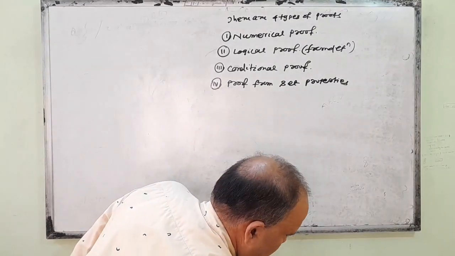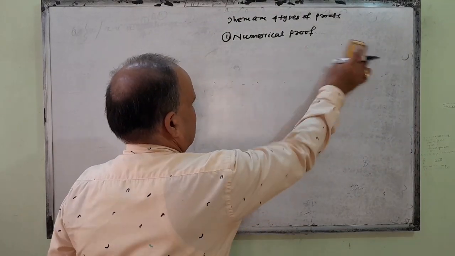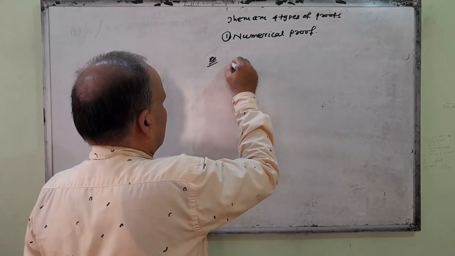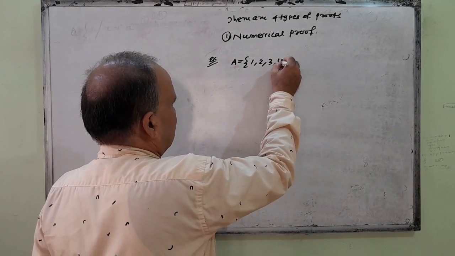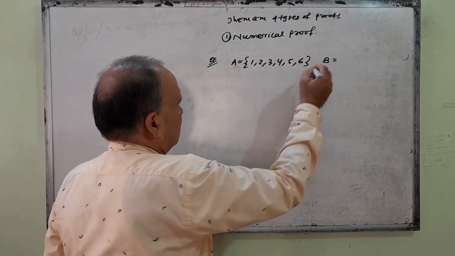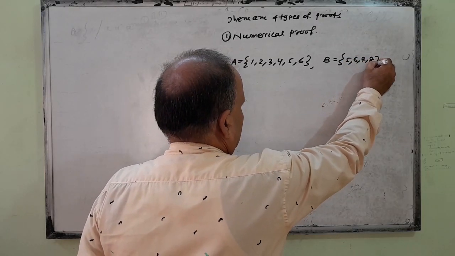First, numerical proof. I have done it many times. For example, suppose A is equal to {1, 2, 3, 4, 5, 6} and B is equal to {5, 6, 7, 8}.